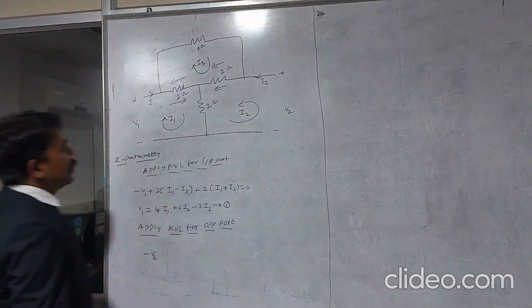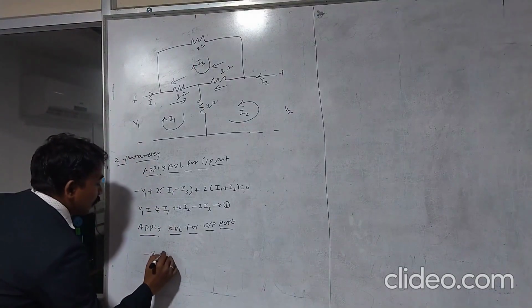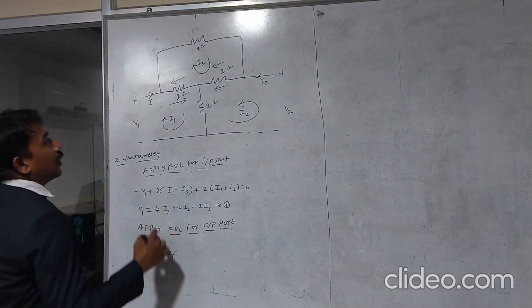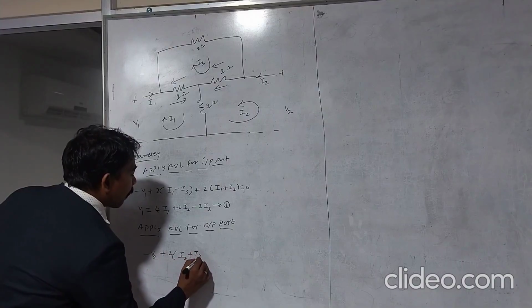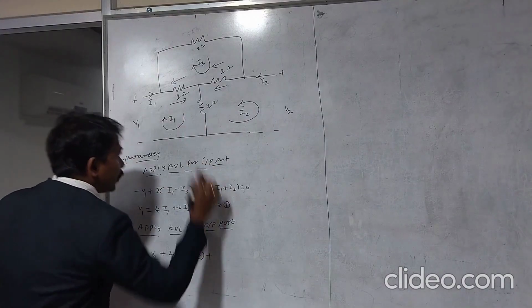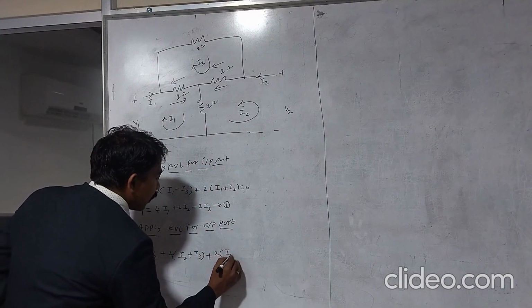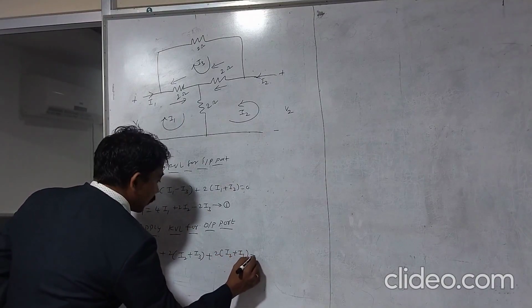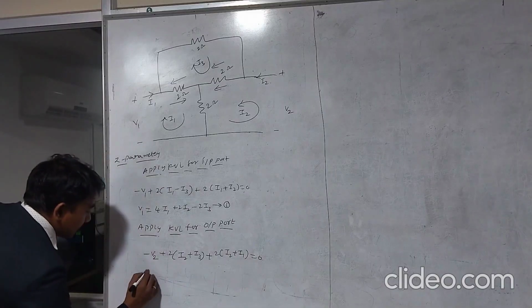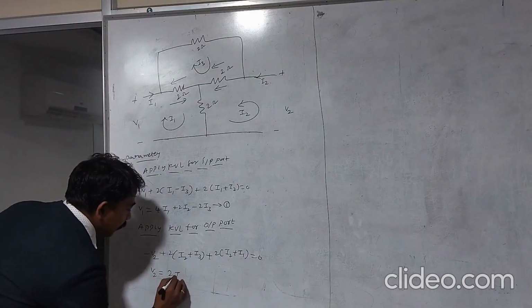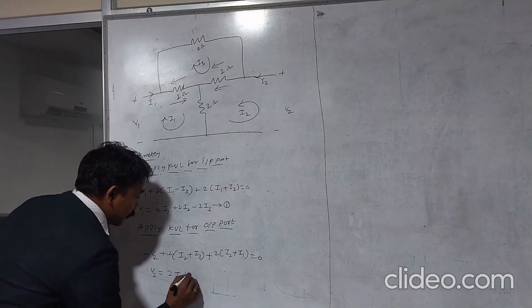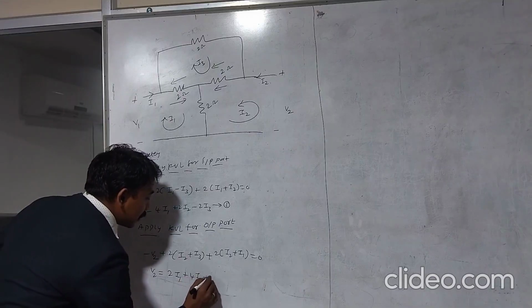So 2 into (I2 plus I3) plus 2 into (I2 plus I1) equal to 0. Organizing this, V2 equals 2I1 plus 4I2 plus 2I3.